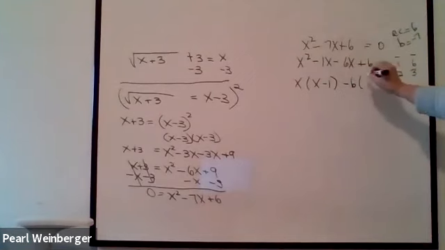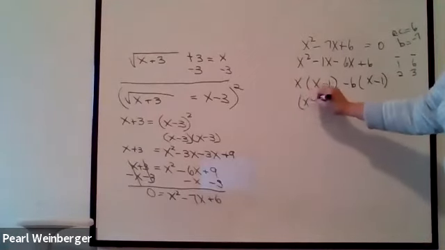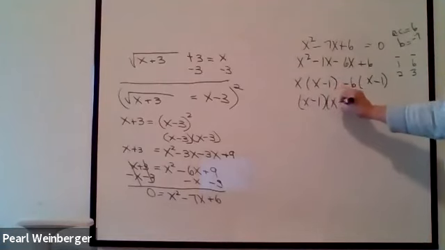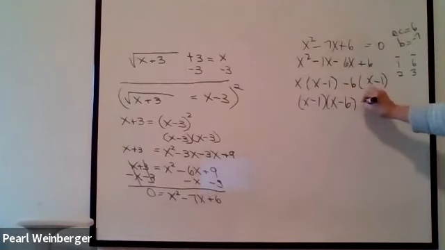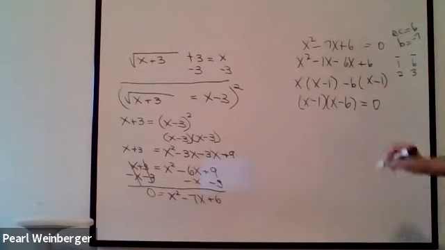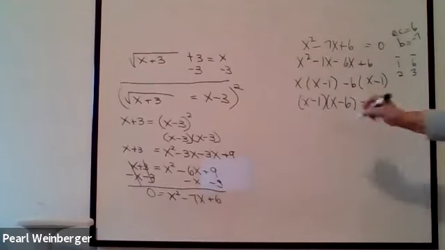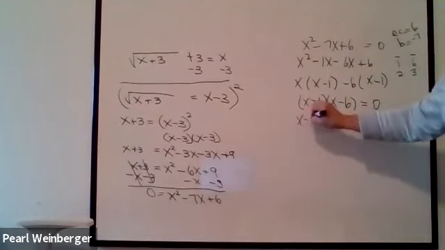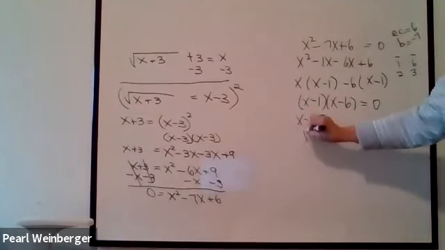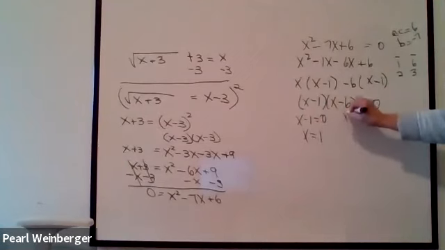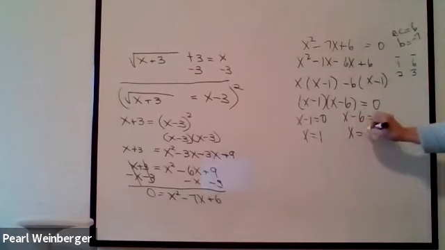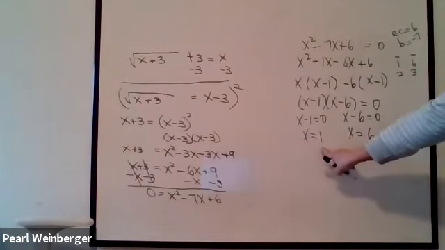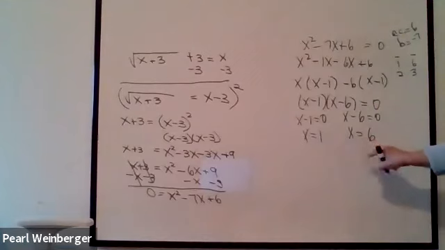And this gives me x, and negative 6 into positive 6 gives me negative 1 as well. So this gives me x minus 1 and x minus 6 equaling 0. And we set each of these equal to 0, so x minus 1 equals 0 gives me x equal to 1. And x minus 6 equaling 0 gives me x equals 6. I ended up with two answers, one answer being 1 and one answer being 6.